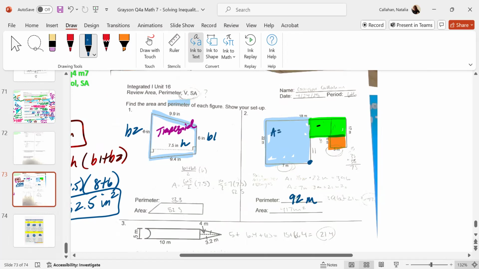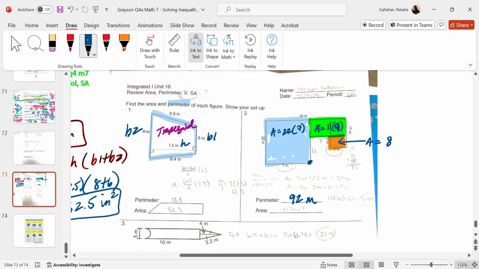Area for this one is going to be 22 times 7. Area for the green one is going to be 11 times 11, or no, 9. Area for the orange one, I think is that 6 or is that 8?